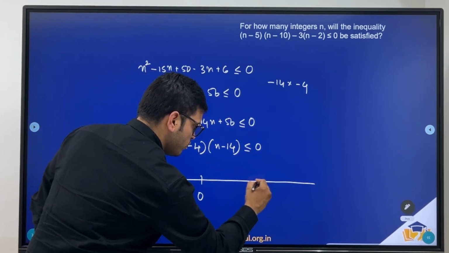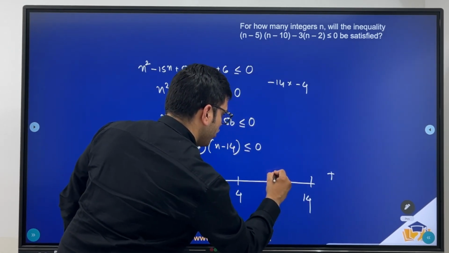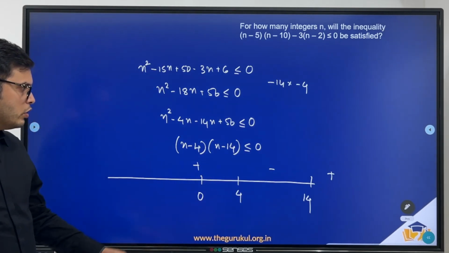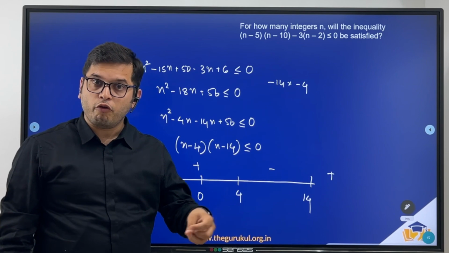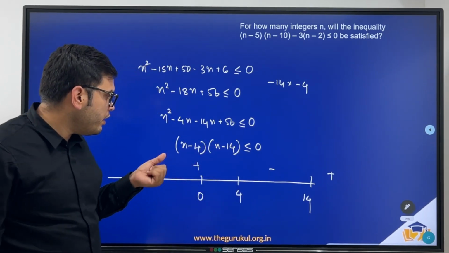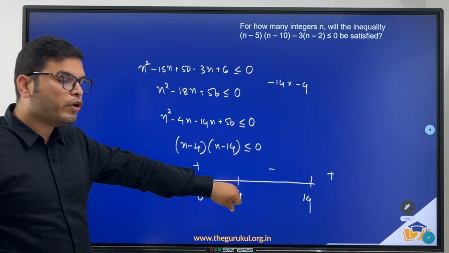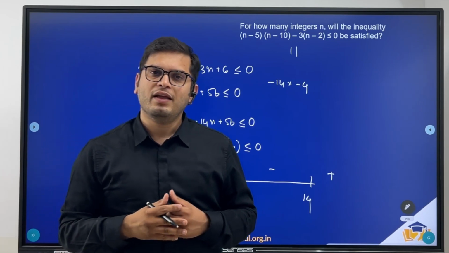So 0, 4, 14, plus minus plus, right? So this inequality is satisfied for all the integers between 4 and 14 including both, because you have less than or equal to 0. So how many numbers do we have from 4 to 14 including both? We have 11 integers. So the answer for this question should be 11.